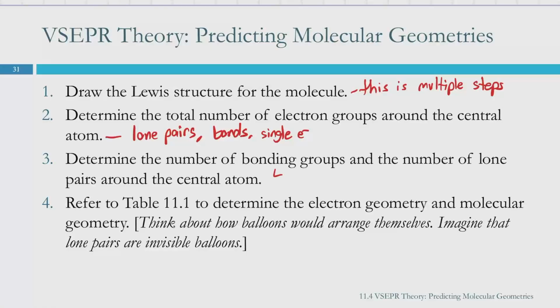And then determine the number of bonds and lone pairs, or single electrons would also count in there if we have them. And then we can either imagine them in our head, pose them out, refer to table 11.1 to figure out our electron geometry and our molecular geometry.